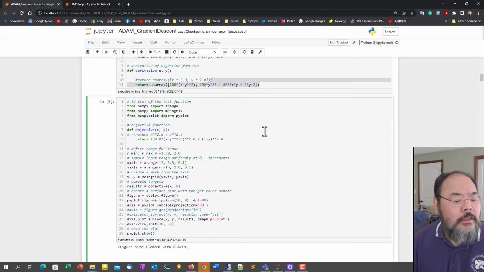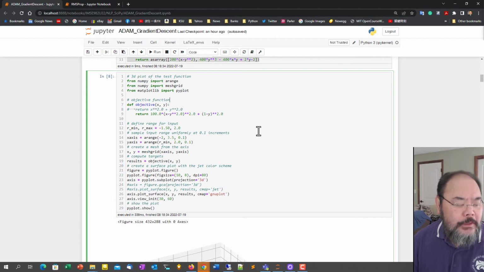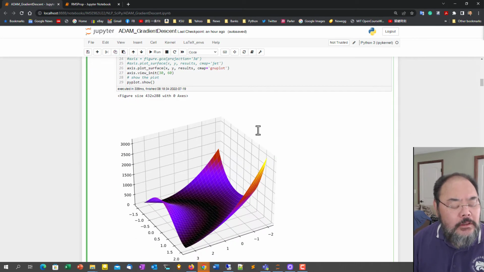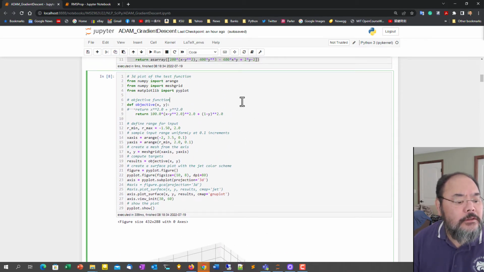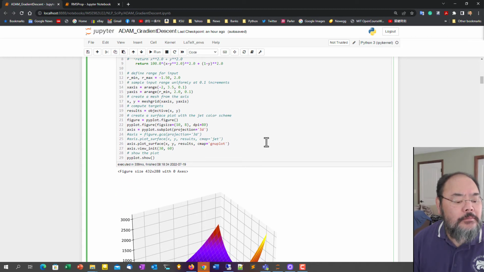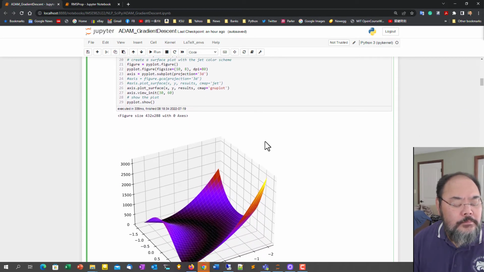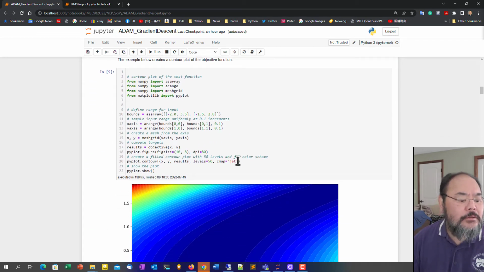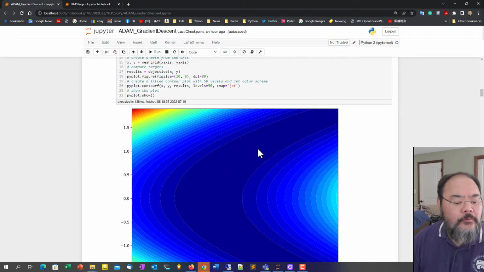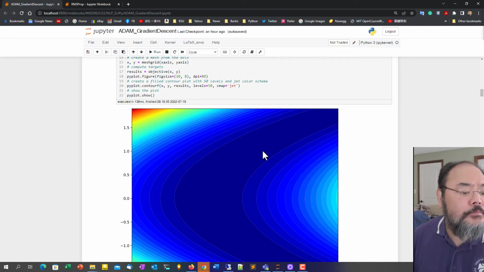Then we perform a 3D surface plot of the Rosenbrock function using matplotlib. And also we can do a contour plot for the Rosenbrock function.